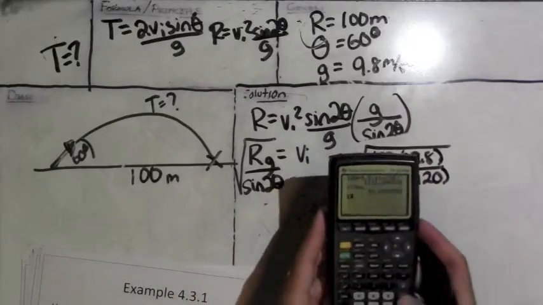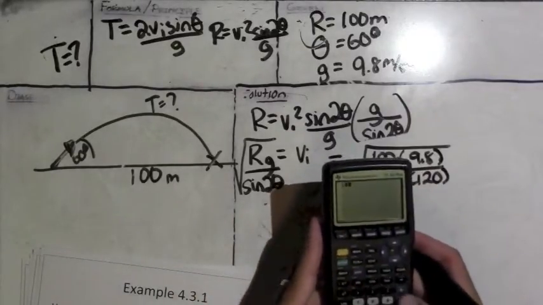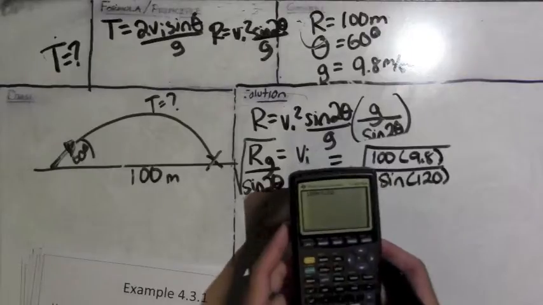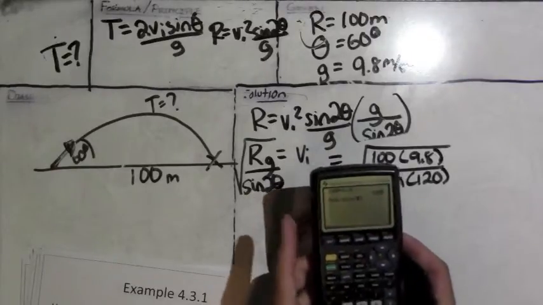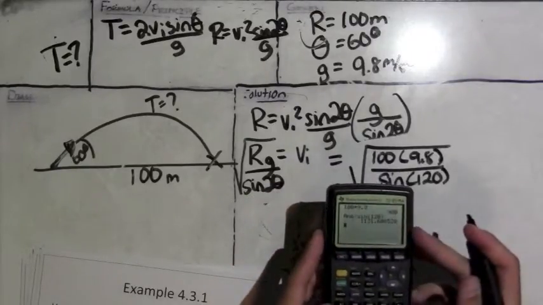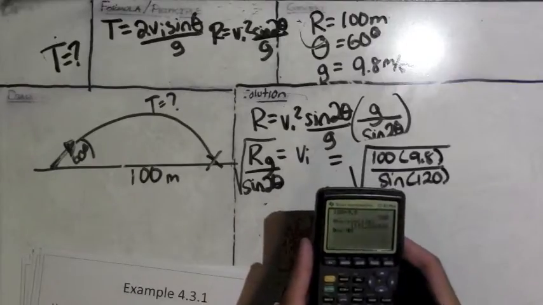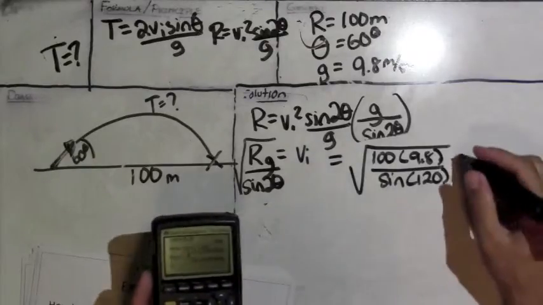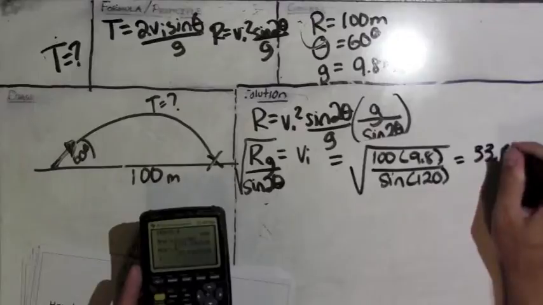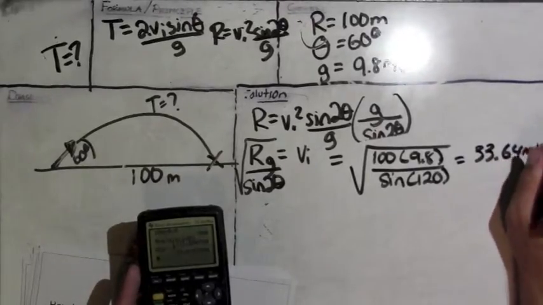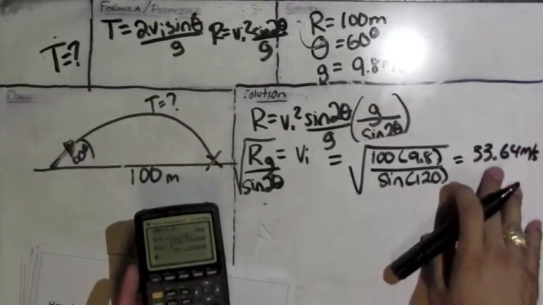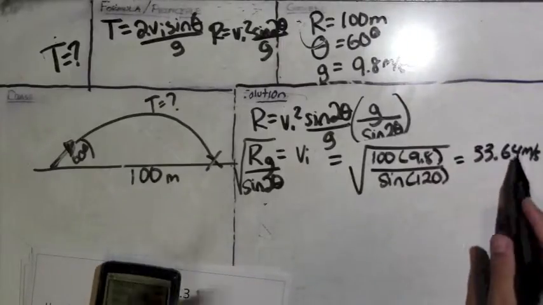So 100 times 9.8 divided by the sine of 120. Take the square root of it, and you get 33.64 meters per second.